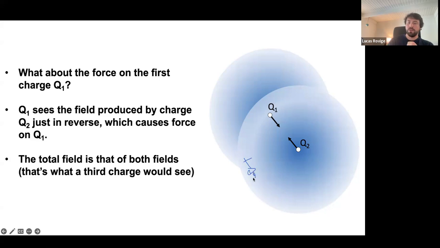Then Q3 will sense both the fields of Q1 and Q2, and what we'll do is we add the electric fields from both particles to get the global field. And Q3 will also have a field. So you see how it's going to evolve, and you see that we'll end up summing all the fields from all the particles to get the global field.